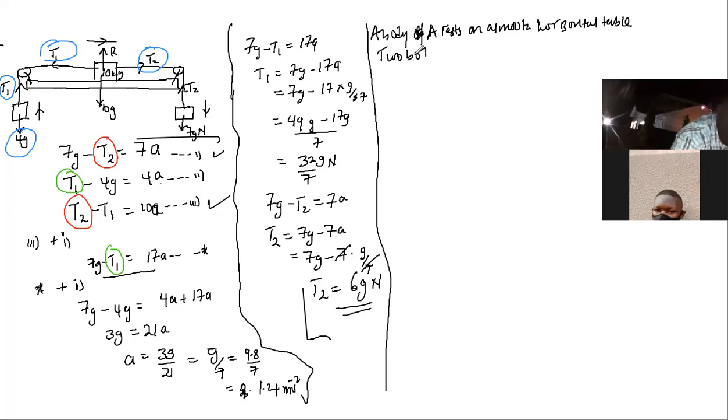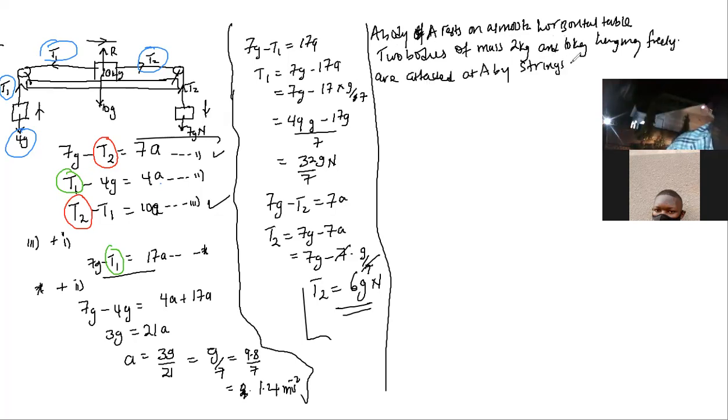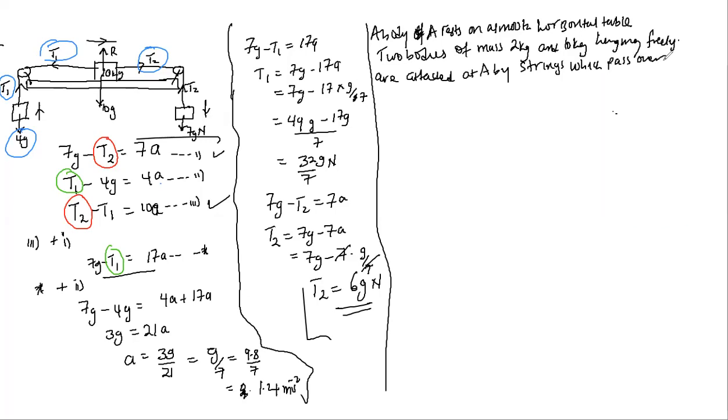Two bodies of mass 2 kgs and 10 kgs hanging freely are attached at A by strings which pass over smooth pulleys at the edges of the table.